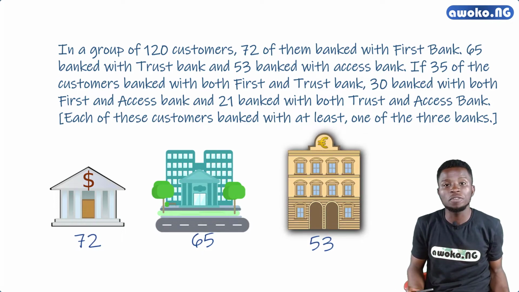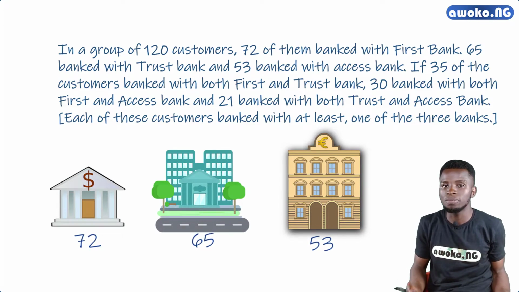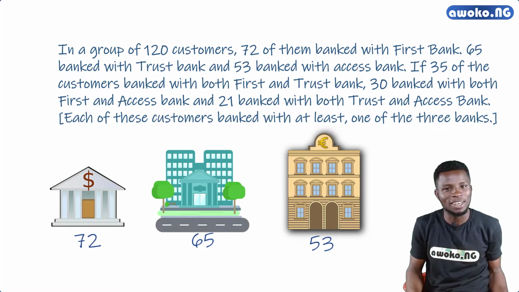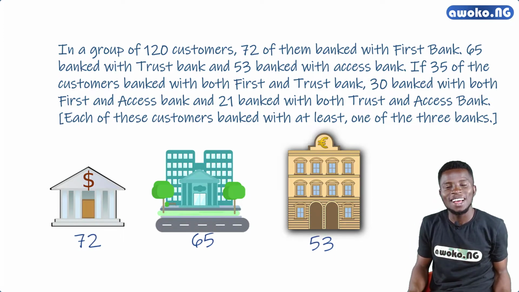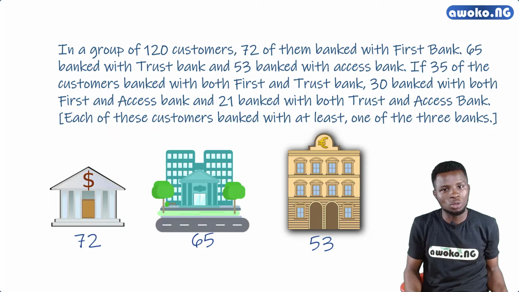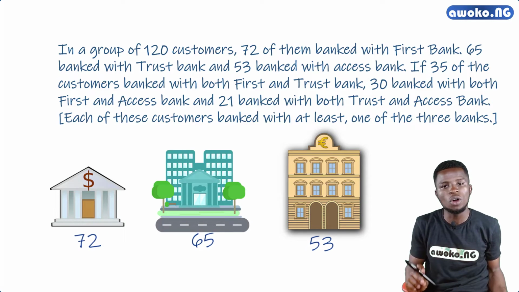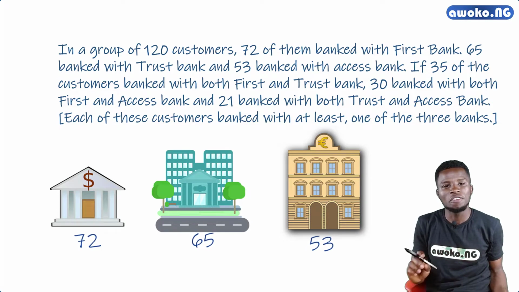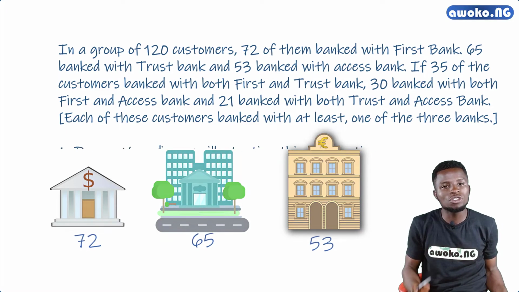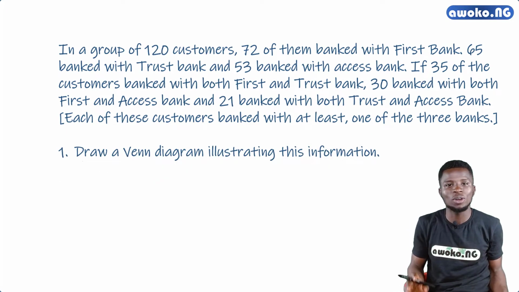If 35 of the customers banked with both First and Trust Bank, 30 banked with both First and Access Bank, and 21 banked with both Trust and Access Bank, and each of these customers banked with at least one of the three banks, the first question is to draw a Venn diagram to illustrate this information.